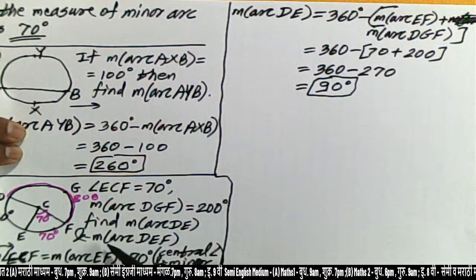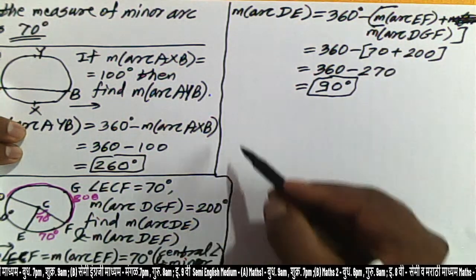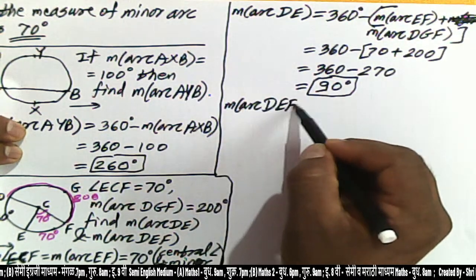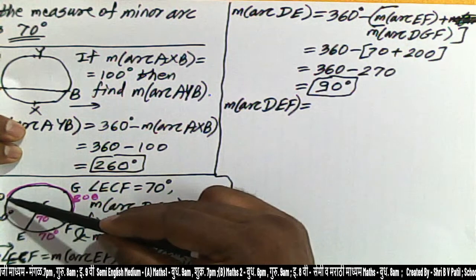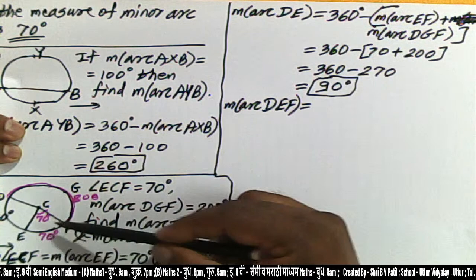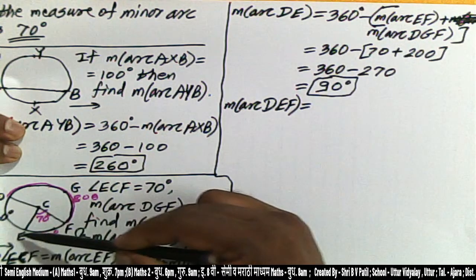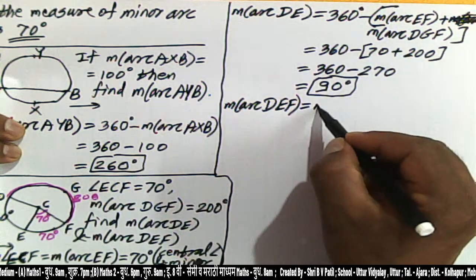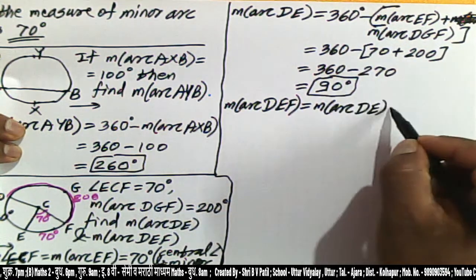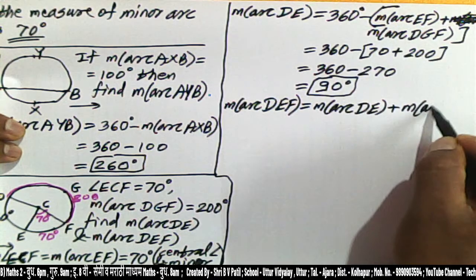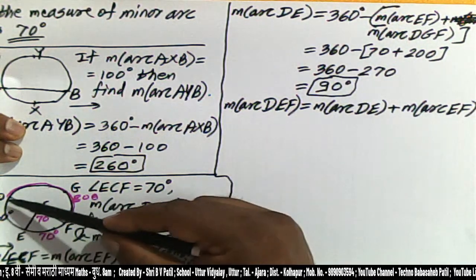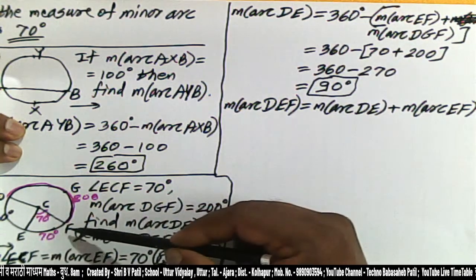Then the next question is the measure of arc DEF. Measure of arc DEF means the addition of two arcs, arc DE and EF. Measure of arc DE plus measure of arc EF.